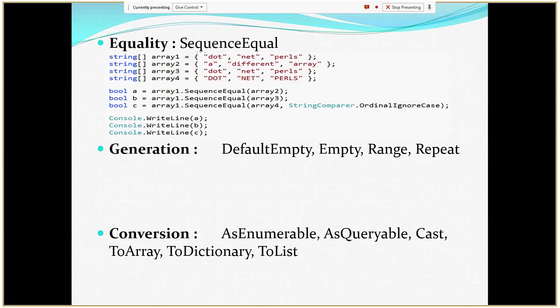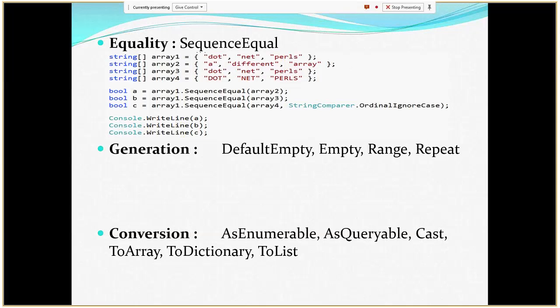Next we have conversion. See, most of the time we use conversion, because when you're using LINQ queries, we always face runtime errors, meaning cannot convert from collection to generic, or generic to collection, or collection to object, like that. But at the end of the query or the end of the expression, we always use AsEnumerable, AsQueryable, Cast, ToArray, ToDictionary, or ToList.